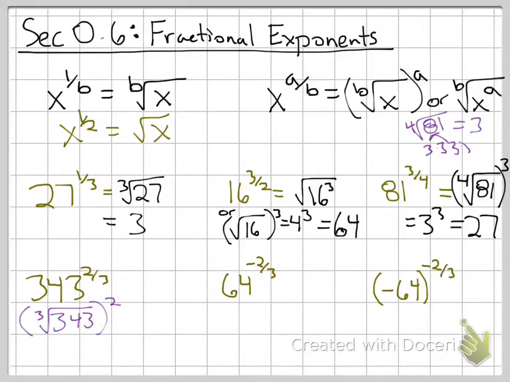What's the cube root of 343? 7, yeah. That's a lot easier than squaring it, then taking the cube root. If we're doing that, we're using a calculator. And it's good if we know how to do this without a calculator. It's just kind of some number sense that we're simplifying. So we got 7 squared. The answer is 49.